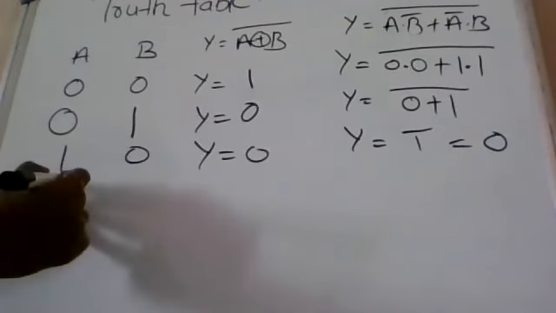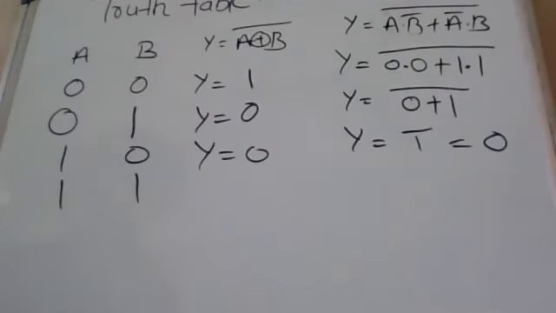So the last condition: both inputs are in 1 1 condition. That means A is in closed condition and B is in closed condition.